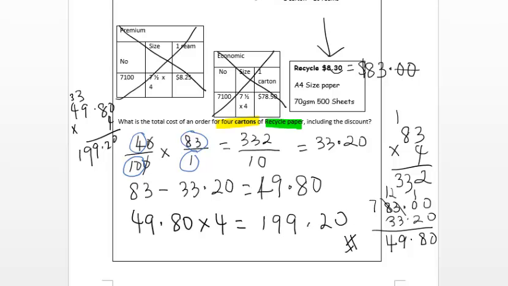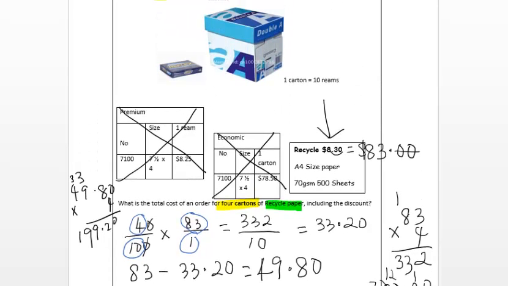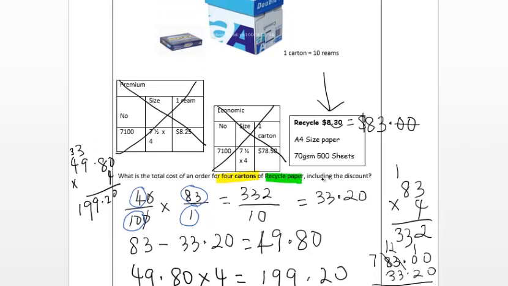Okay, so let us recap on this question again. What is the total cost of an order of 4 cartons of recycled paper? So I cancel off premium and economic, since these two papers are not required. So I will just need to focus on the recycled. Now next step, I forgot to, you will need to also underline and circle the word carton.